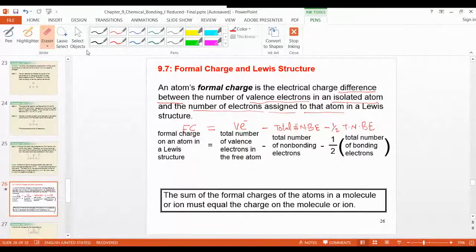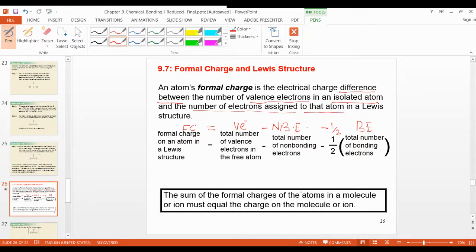I will write it here like this, otherwise you will be confused. Valence electrons minus the total number of non-bonding electrons minus half the total number of bonding electrons. Just the difference.